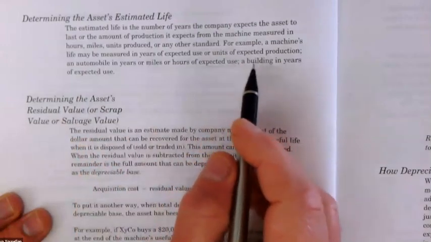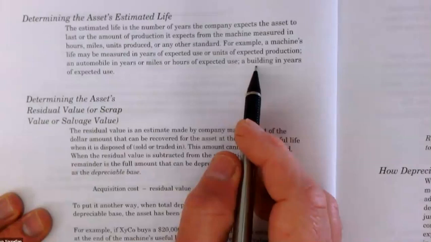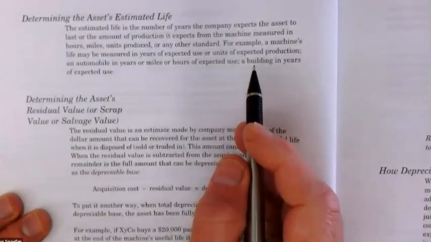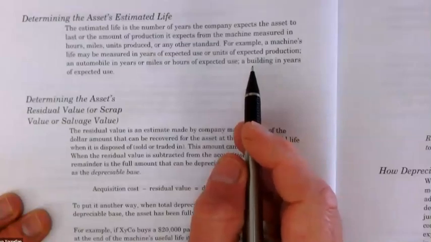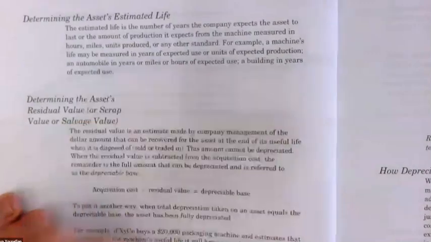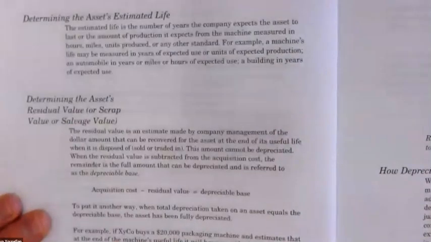Yes, so for a building, the expected use, let's say for tax purposes: if it's a residential building, it's 27.5 years. If it is a commercial building, it's 39 years, straight line. But for an automobile, you just use whatever the tax rules offer you.